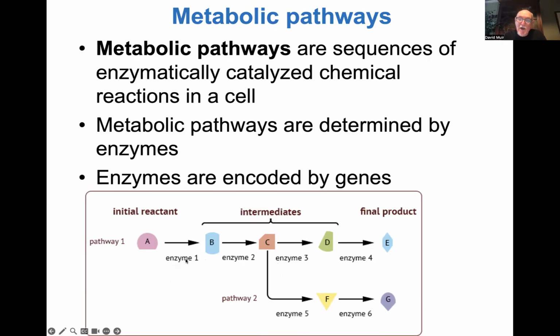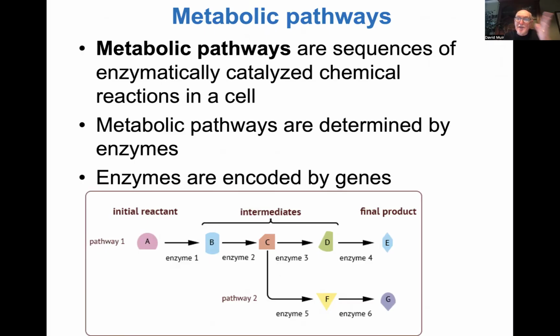We will have a set of intermediate reactions with intermediate products. So here's our initial reactant. This is an intermediate product, the first intermediate product. That is then put into a set of reactions to end up with a second intermediate, then a third, and then our final.